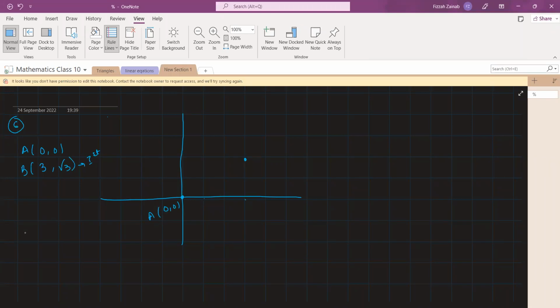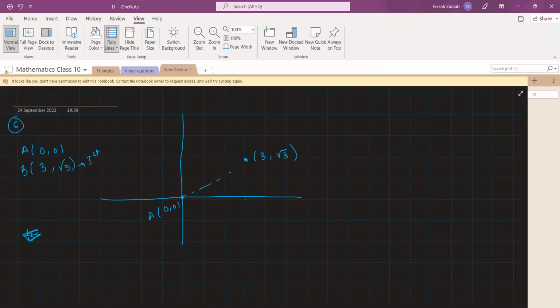Just randomly take it somewhere. So 3, under root 3. If you know the exact value, you can plot it accordingly. Right, Harsha? Yes, ma'am. For that, you have to find the value of under root 3 first of all.